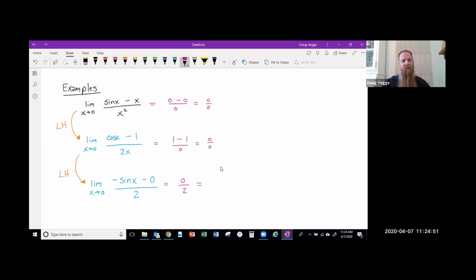But notice that that's no longer indeterminate form. So we're done. This limit is 0. So this limit right up here is equal to 0, even though we originally got indeterminate form. I don't know about you, but that's pretty damn cool.